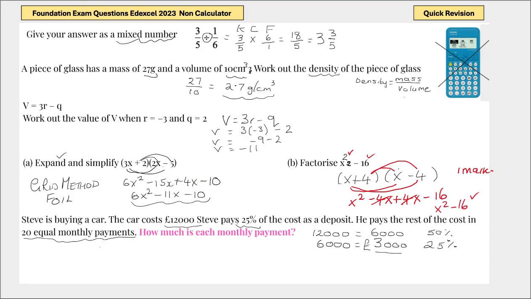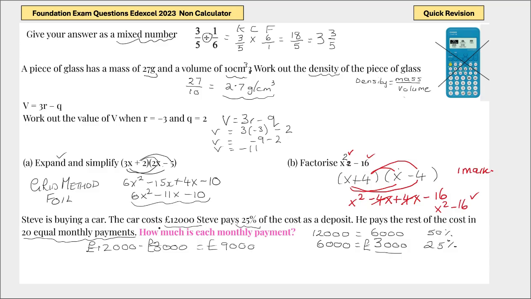So we're going to do 12,000 minus our deposit, 25%, equals £9,000 to pay. And it's going to be 20 equal monthly payments.